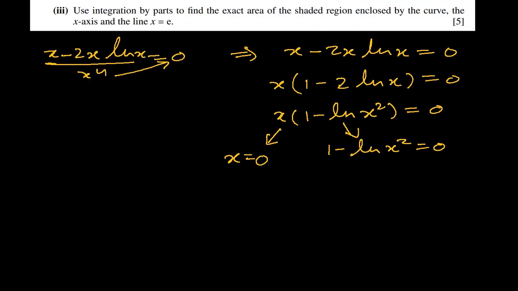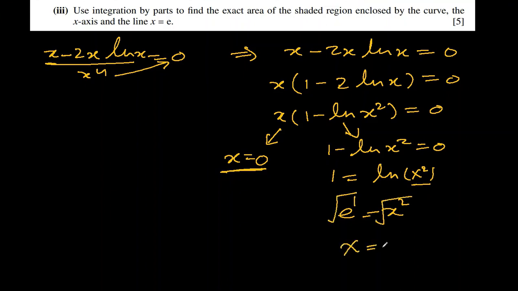So the first one is straightforward. This is one of the stationary points. Second one will be 1 equal to (ln x)², and now to remove ln we take e to the power 1, and then to find x we will square both sides.